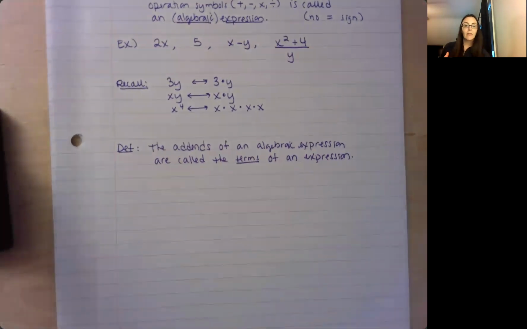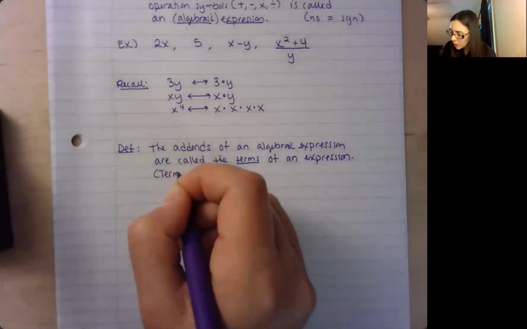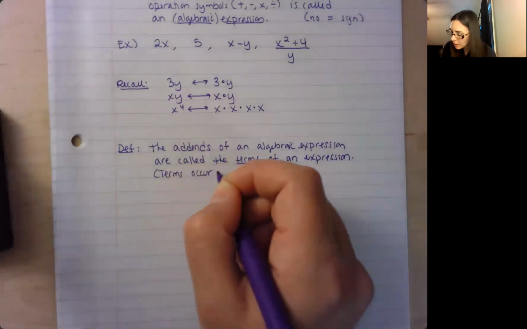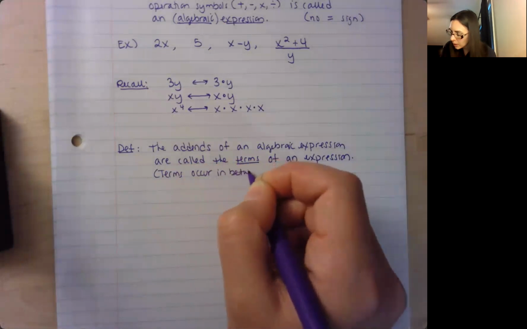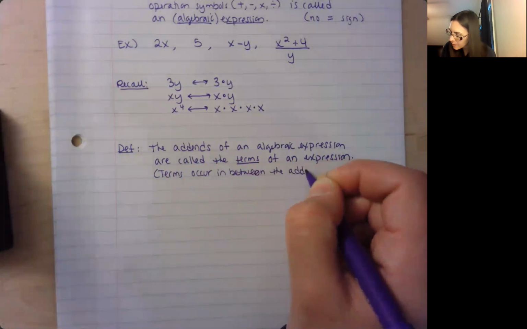So the add-ins of an algebraic expression are called the terms of an expression. So basically, terms occur in between the addition signs.